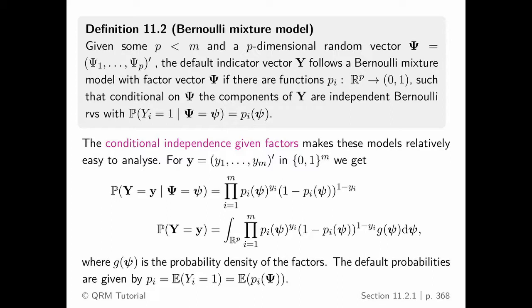But we have to then integrate out the effect of the factors to get the unconditional distribution of defaults. So we have a p-dimensional integral over the distribution of these abstract factors. If p is 1, this is a one-dimensional integral. If p is 3, this is three-dimensional.